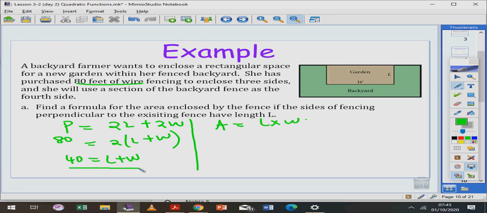From this expression, if I take width to the other side, then I have L is equal to 40 minus W.